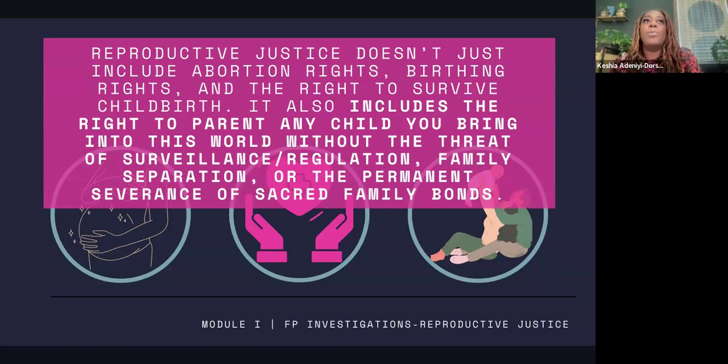We talk about birthing rights, the right to choose how we want to give birth, the right to survive childbirth, to be believed, right, when we say that there's something wrong. We talk about the right to survive, but I think we don't talk about enough, when we talk about reproductive justice, the right to parent the children that we bring into this world, right?